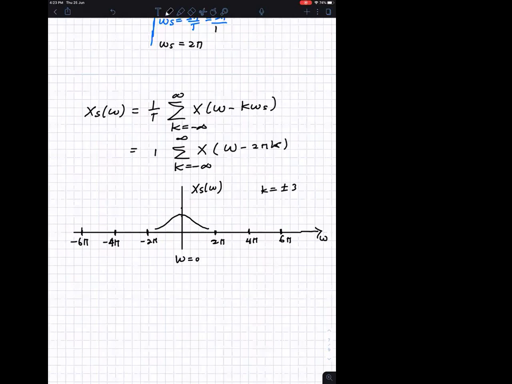So you're going to have a lot of signals. I'm going to copy this over. You have one signal here, then another signal here.